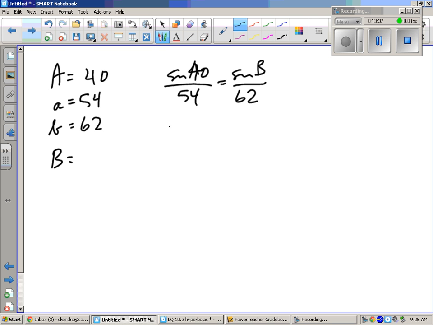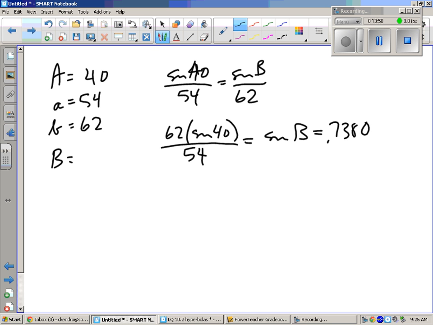Cross multiply 62 times sine of 40 and divide by the third one, and that'll get me sine of B. When I work all that out, I get 0.7380. If I do inverse sine of 0.7380, I get about 48 degrees. Now think about your circle.